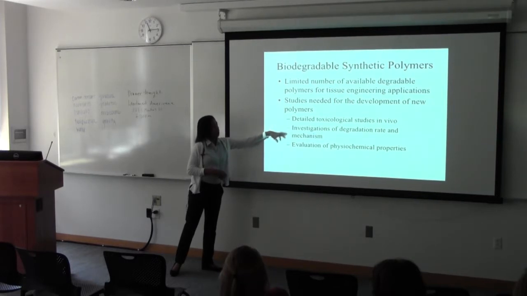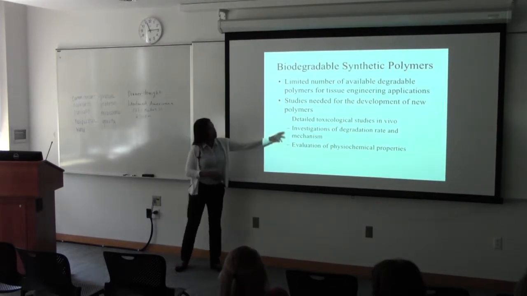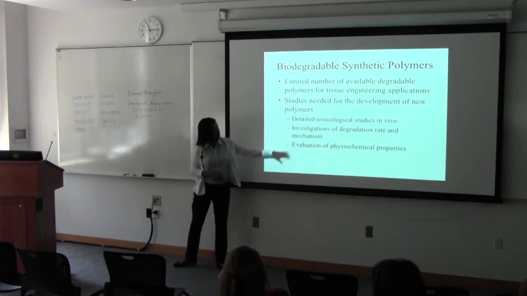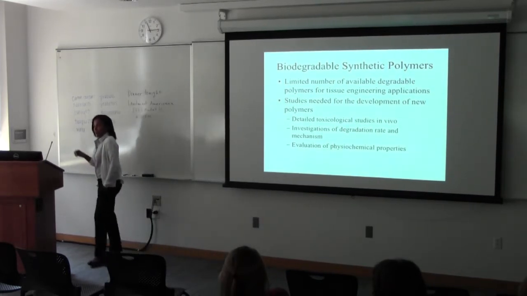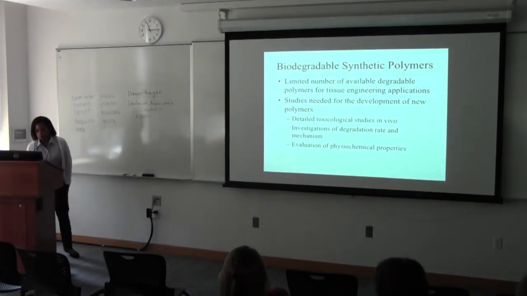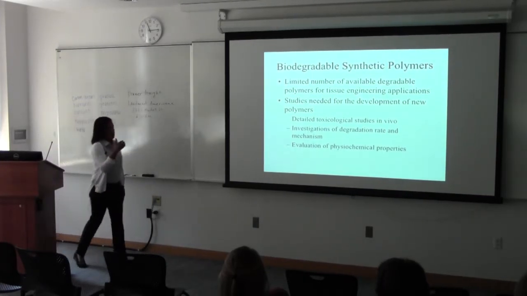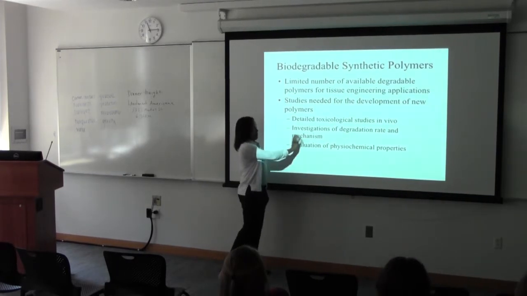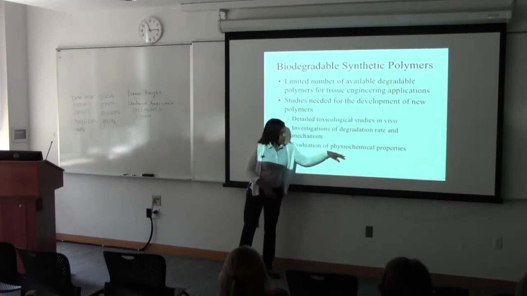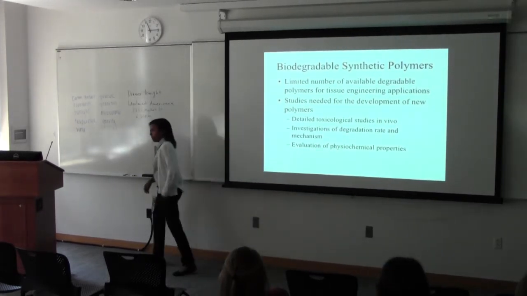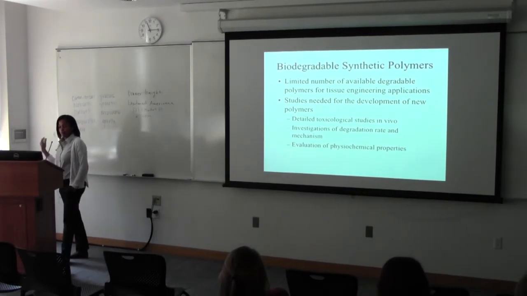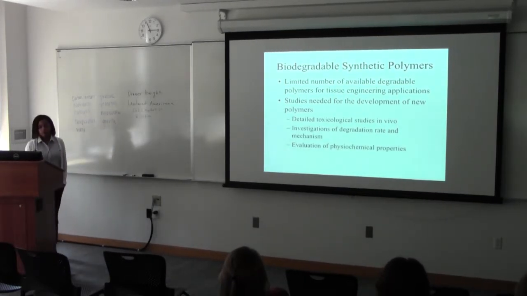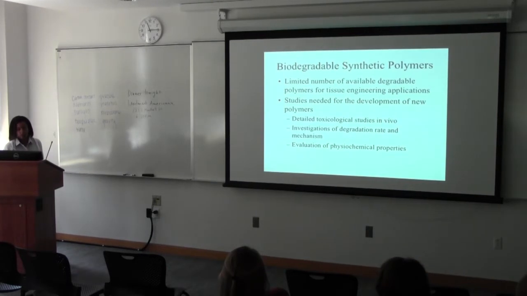They have to go through a process of development and testing. But the overarching nice thing about synthetic materials is that, depending on the chemistry, you can tailor degradation rate, physicochemical properties, and mechanical properties, much easier than with natural materials. That's really the benefit of synthetic materials, being able to tailor your properties.